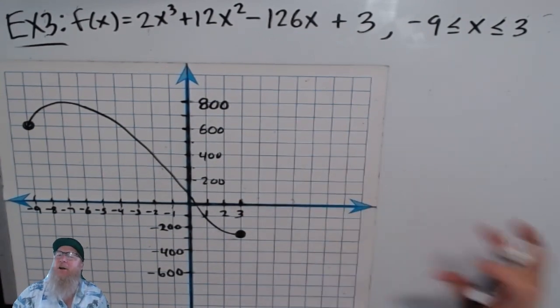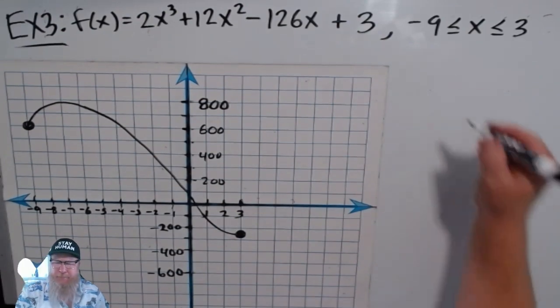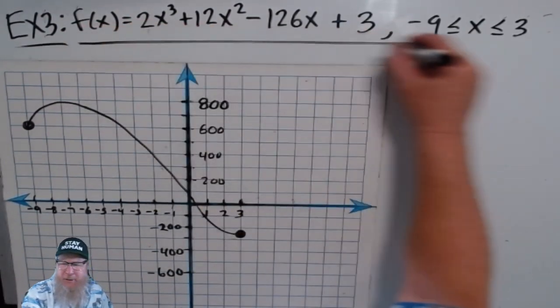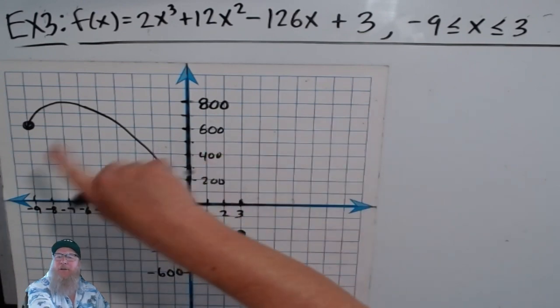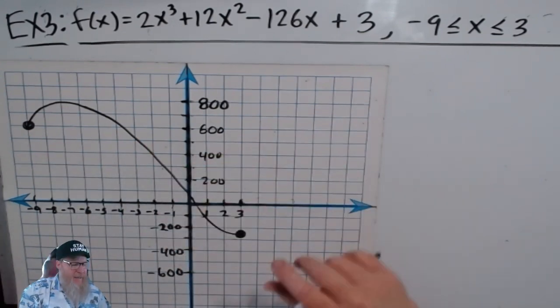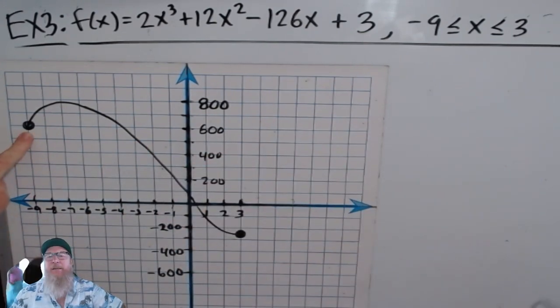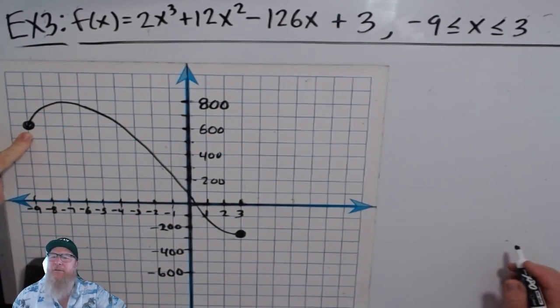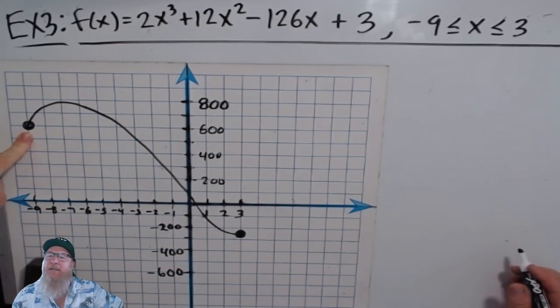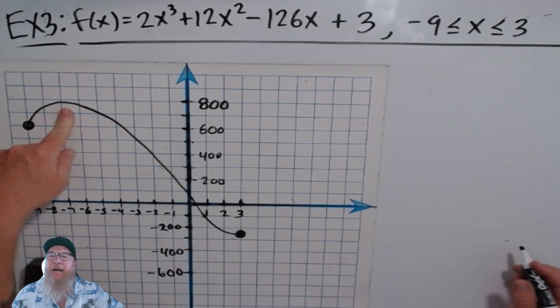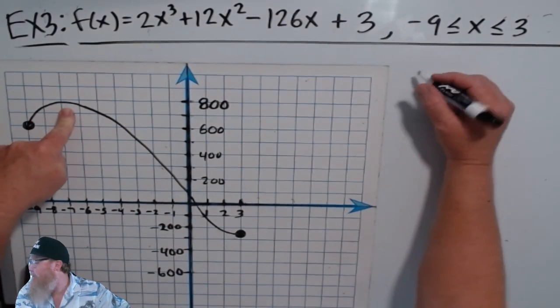And we can already see what's going on just by looking at the graph. Here, it's a non-extreme value. It's just an endpoint. It's not a max, not a min. Here we have a global max.